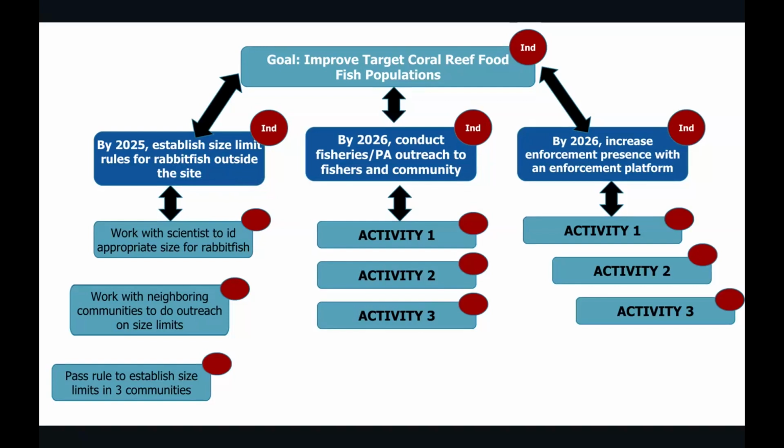You know that by 2025, you have to look at, have we established these size limits? And that's your measure right there. You've already figured out how you're going to monitor your progress toward this. And then you have indicators for these goals. And these are, again, usually where the longer term monitoring comes in, or socioeconomic monitoring comes in.